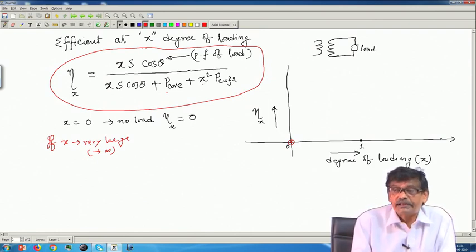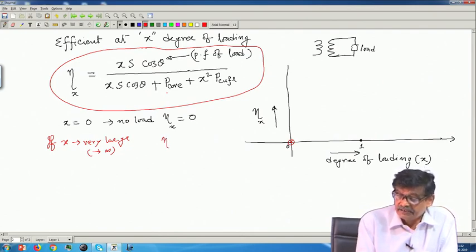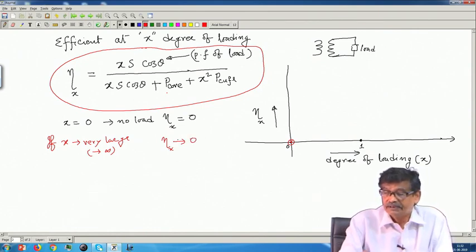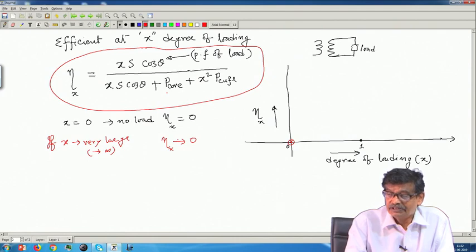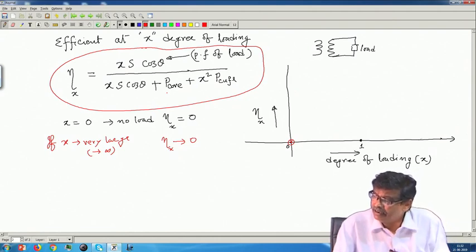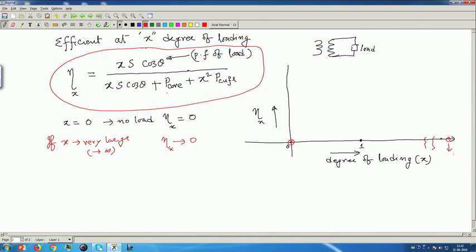See, there is the x squared term below. So, it will prevail over all the other terms. Therefore, efficiency will tend once again to 0, because the other terms with respect to x square can be neglected, and it will be some S cos theta by x P CU full load. So, x tends to infinity means efficiency once again tends to 0. So, at a very large value of x, once again efficiency goes to 0.